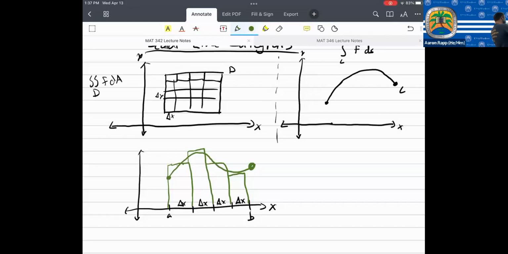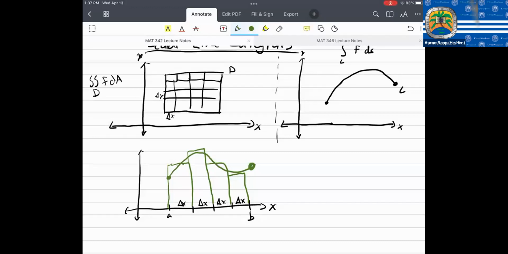Well, we took a single dimensional object, broke it up into little pieces, took a point from inside that interval to then determine the height. The same concept is going to happen here when we go to a curve. And it's the same concept that we did in 2 dimensions. Break it up into small partitions, figure out where along those partitions I want to take a point so that I can plug it into my function and get a height that will be approximate.